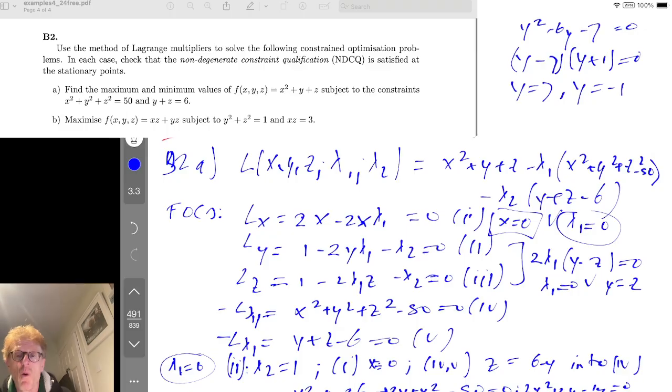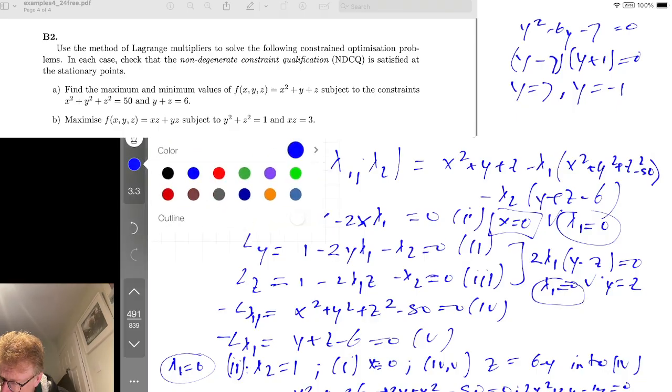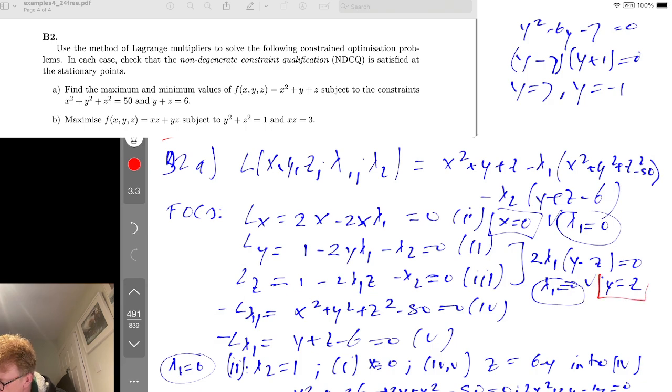So that's one set, but we still have to do the other case, where y is z.